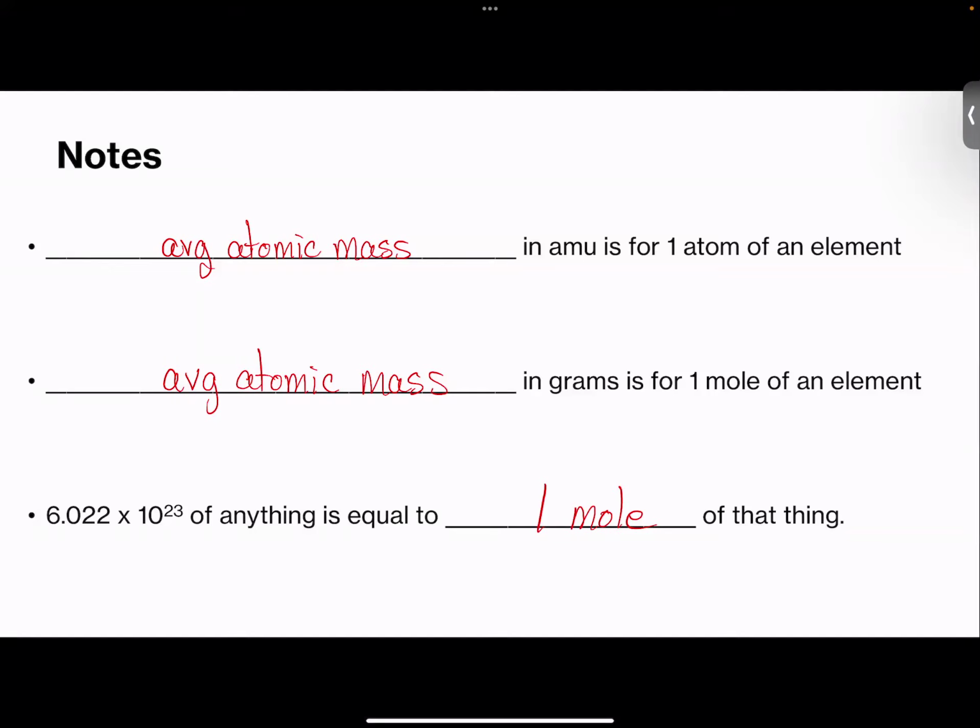Now, what we've just developed are a couple of conversion factors that can be used. Because now we have a conversion factor that allows us to go from mass in grams to moles. That's one conversion factor. And we have a conversion factor that allows us to go from moles into a counting number. That's the second conversion factor.